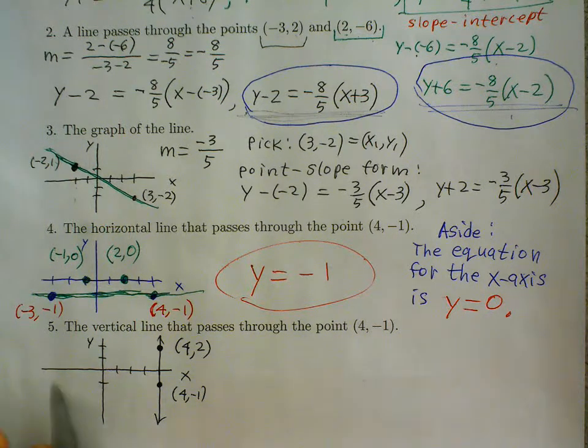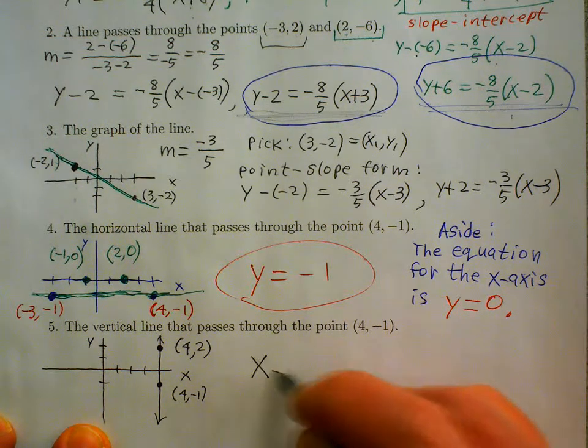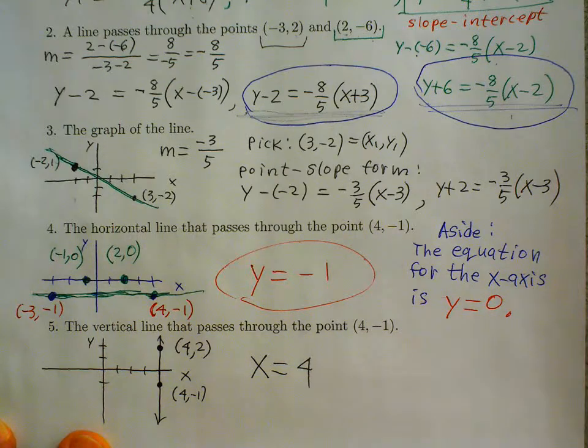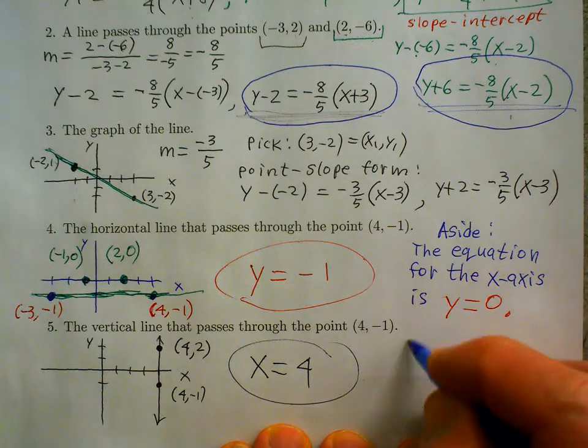Yeah, the vertical line that passes through 4, -1, the equation for that vertical line is x equals 4, because every point on that vertical line has an x-coordinate of 4. Therefore, x equals 4 is the equation. Hey, what's the equation for the y-axis?